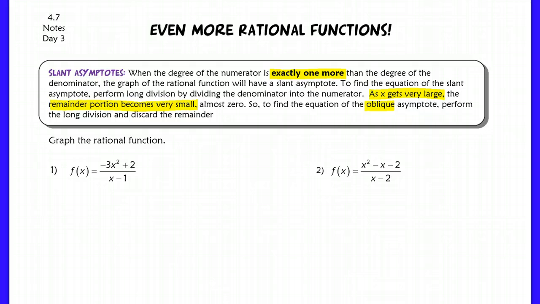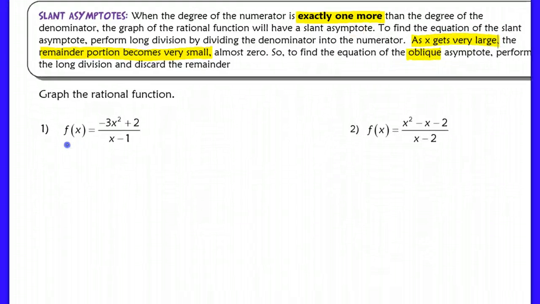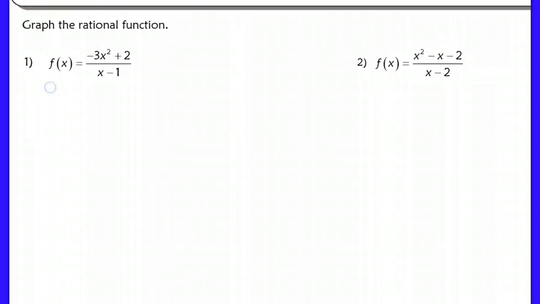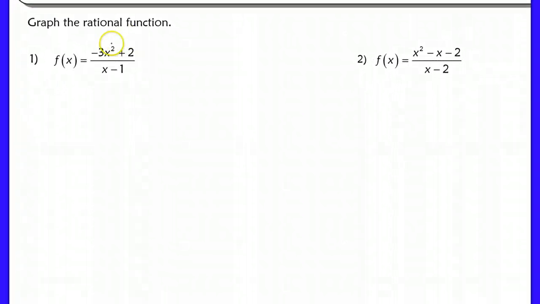It's the same thing. Okay, now, the first problem here, to graph this rational function, I'm noticing a couple things. One, normally we would say the degree is higher in the numerator than in the denominator, so for the horizontal asymptote, we would say none. But now we know that since it's exactly one more higher, we actually have a slant asymptote here.